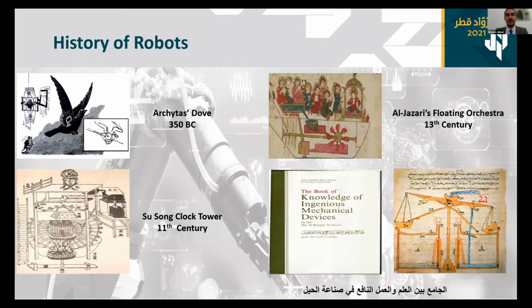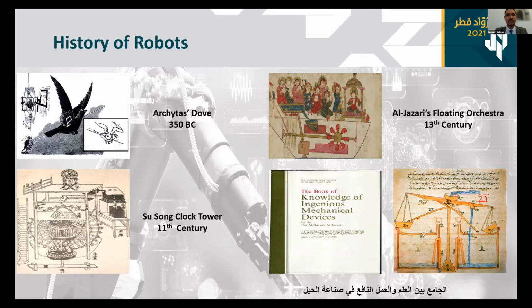Some automata are designed to give the casual observer the illusion that they are operating under their own power. As you can see here in the first photo on the left, this is Archytas' dove.